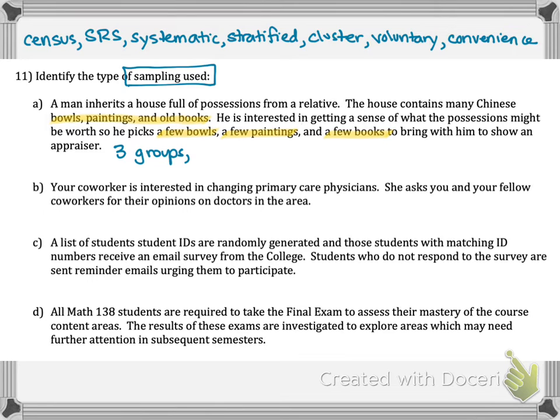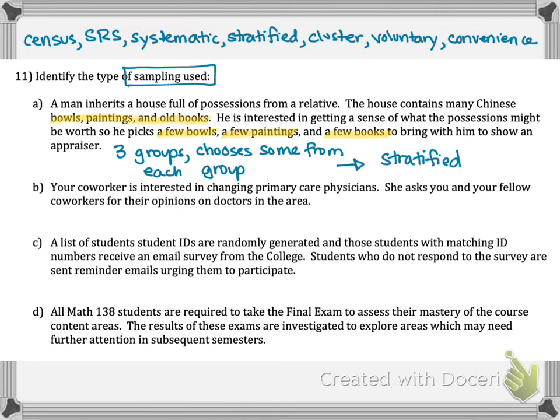Then he chooses some from each group. When we have our sampling method where we actually go to every group and we choose a little from every group, that is stratified sampling.